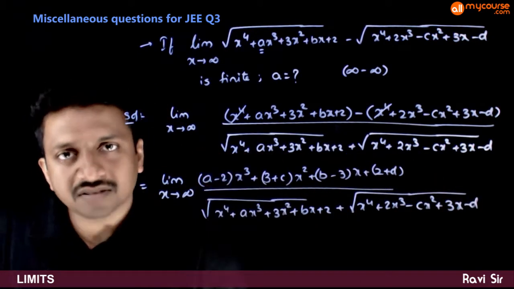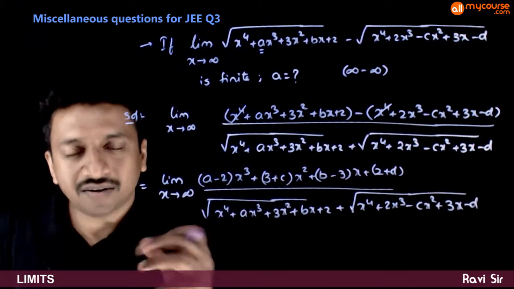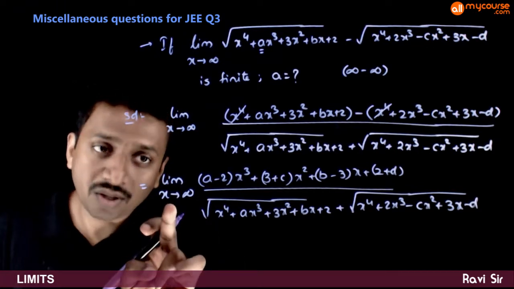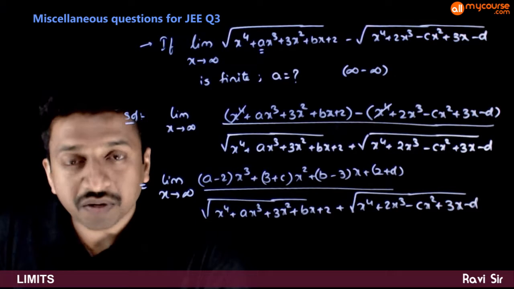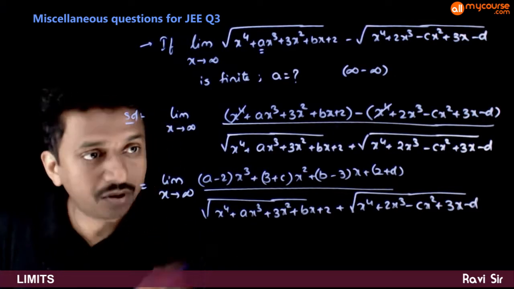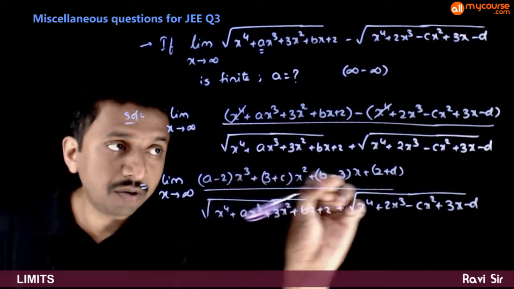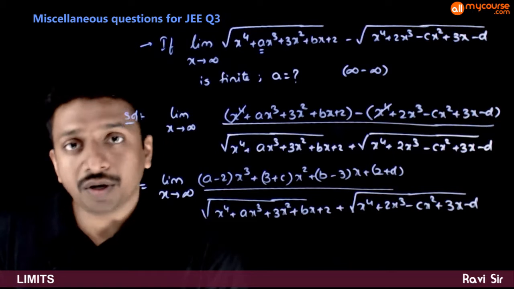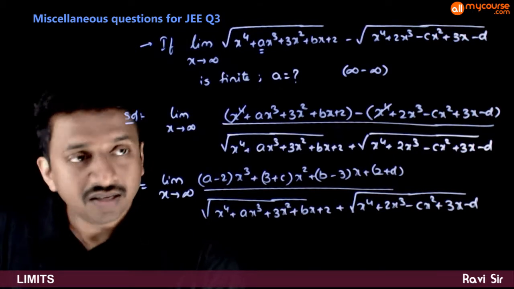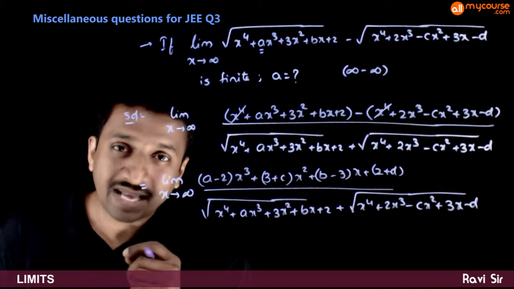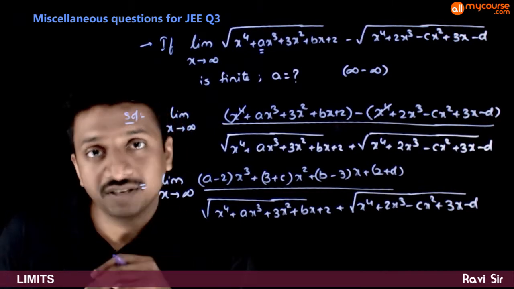Once you have this, we'll use our general shortcut when x tends to infinity. As x tends to infinity, only the highest power of x matters, because the numerator is going to infinity, and if you put x equal to infinity in the denominator, that also goes to infinity. So you have an infinity by infinity form, and hence only the highest power of x matters.